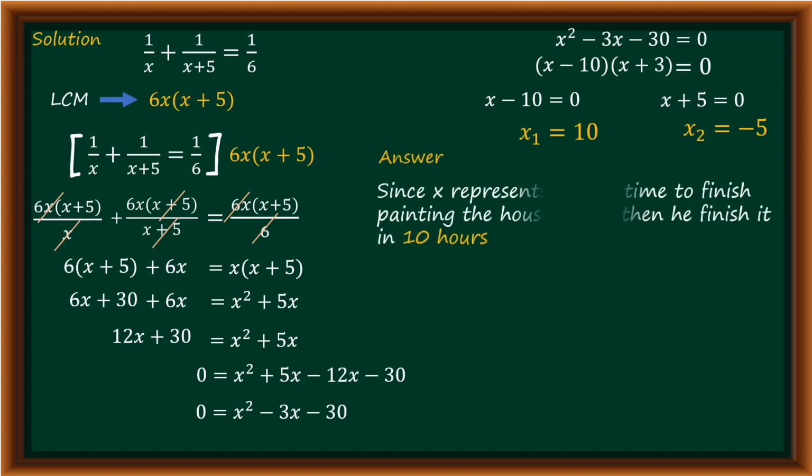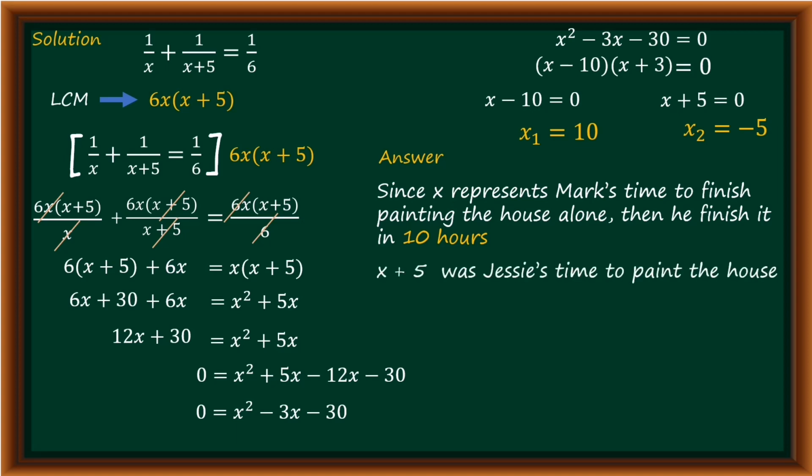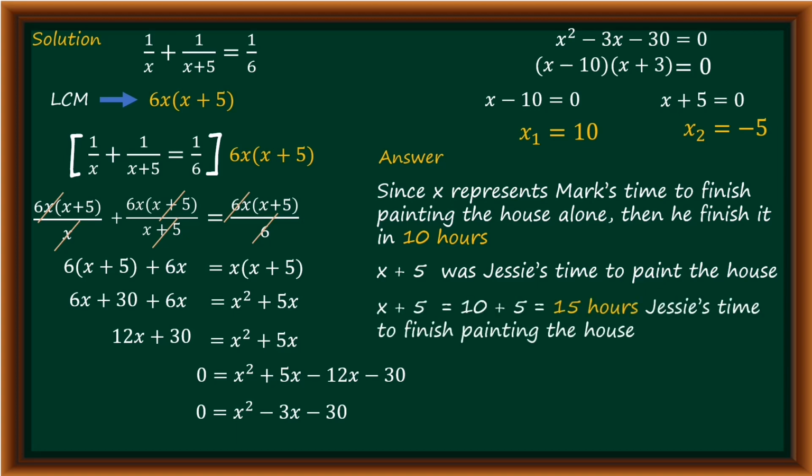Since x represents Mark's time to finish painting the house alone, he finished it in 10 hours. x plus 5 was Jessie's time to paint the house alone. x plus 5 is equal to 10 plus 5 is equal to 15 hours. That will be Jessie's time to finish painting the house.